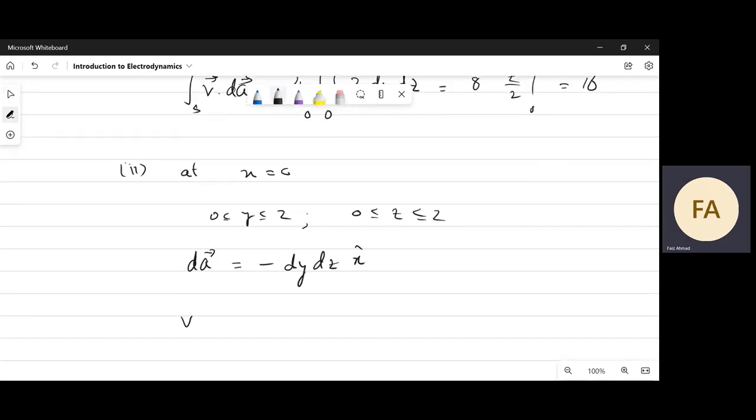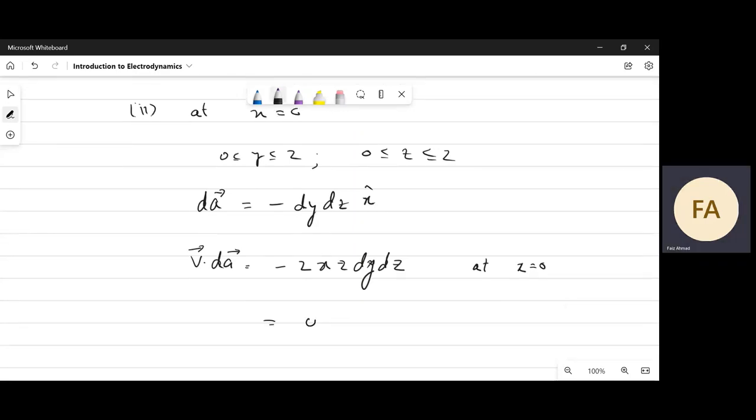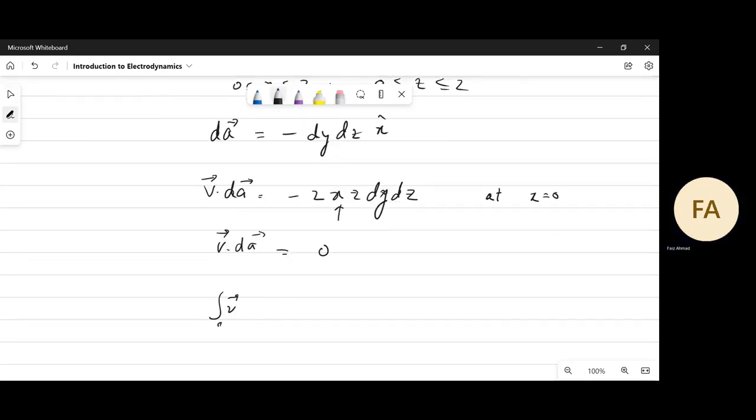And if we perform v dot dA, it will be the same except a negative sign, 2xz dy dz, and x is equal to 0, so it turned out to be 0. Put the value of x as 0 here, so v dot dA is 0, and the integral of v dot dA is equal to 0.